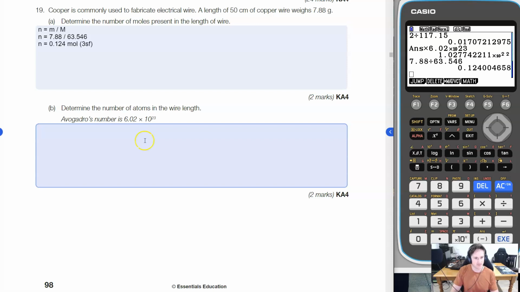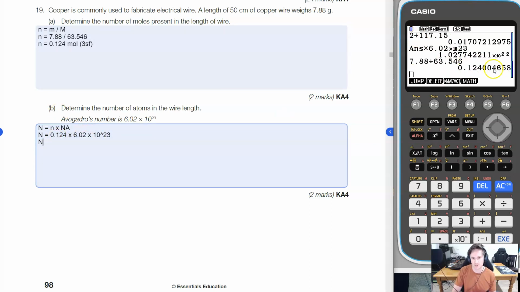Determine the number of atoms in the wire length. That's easy. The number of atoms is equal to the number of moles multiplied by Avogadro's number. So that's going to be 0.124 multiplied by 6.02 times 10 to the power of 23, just like we were doing before. The trick is though, don't put 0.124 back in your calculator.